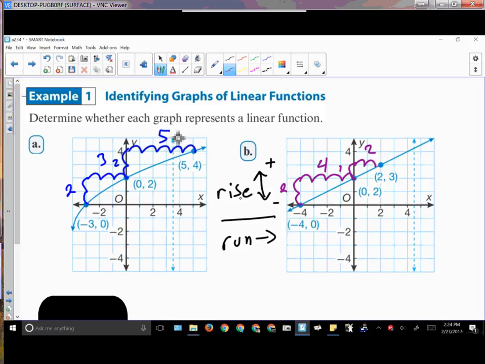Slope is always going to be a fraction, rise over run. So the first one I did here is 2 over 4. The second one I did here is 1 over 2. Does 2 over 4 reduce to 1 over 2? Yeah, they're equal. So when we simplify them down, if they are the same, great.